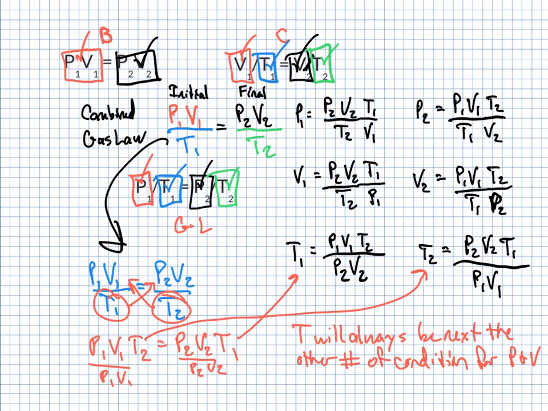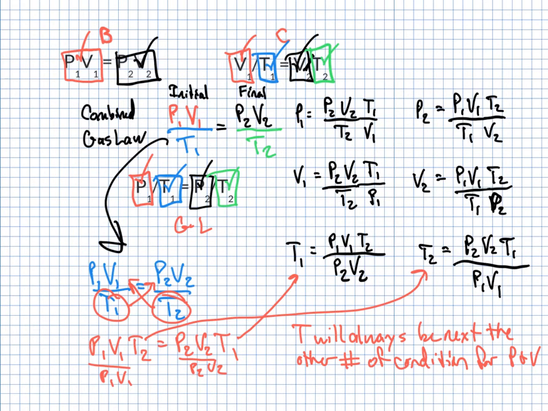In every single one of these, the temperature value is with the other number. So this T1 is with P2 and V2. This T2 is with V1. Always. T2 over here is with the ones. T1 is with the twos. This 1 is with these twos. This 2 is with these ones. The temperature is always going to be the outlier.